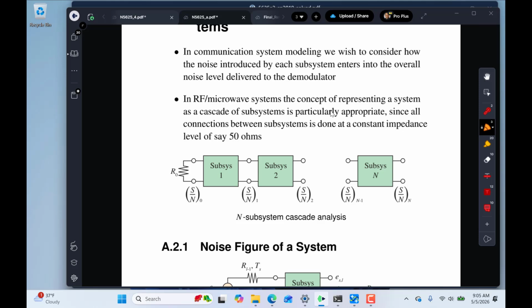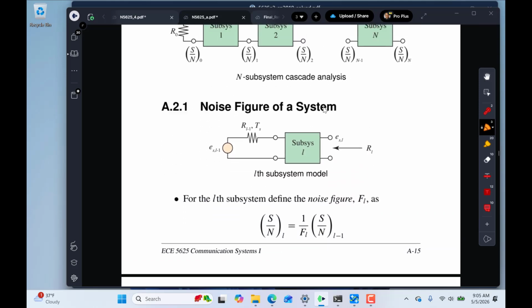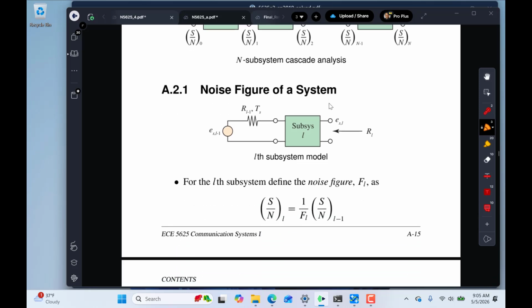Is it going to get better or is it going to get worse? What's your intuition? It's going to get worse. Why is that? Each subsystem will contribute some noise of its own, right? It'll have active circuitry in it and other resistors and things. So we have a cascade. We characterize a system, a cascade of subsystems, or just a single subsystem. Just take the L subsystem. What is the noise figure?